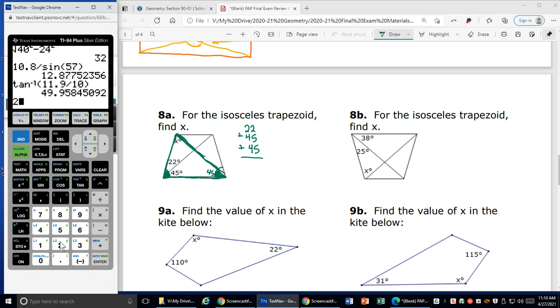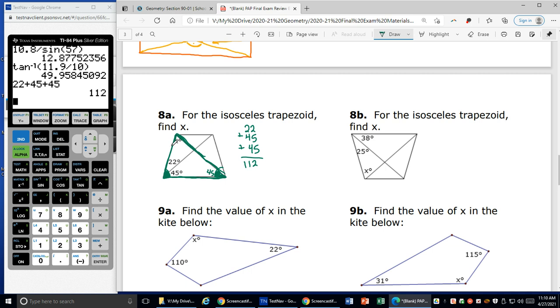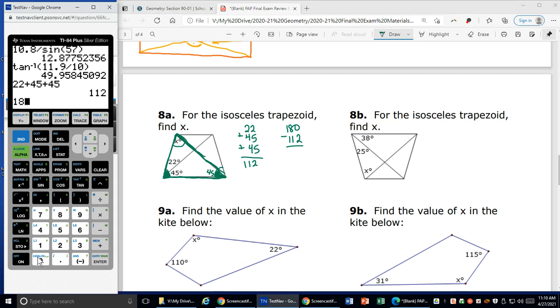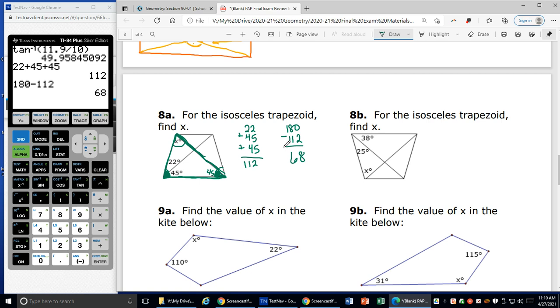So when I add those together, 22 plus 45 plus 45, I get 112 degrees. I know every triangle has 180 degrees. So if I take away that 112, it's going to leave me with what's left for x. So 180 minus the 112 is 68 degrees for this angle here. So 68 plus this angle makes the triangle.